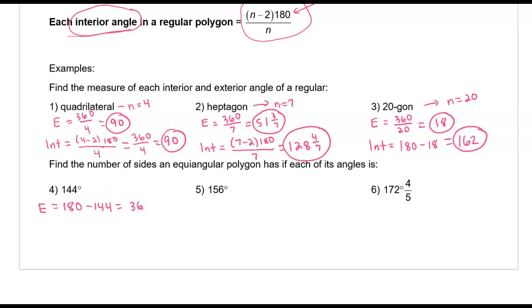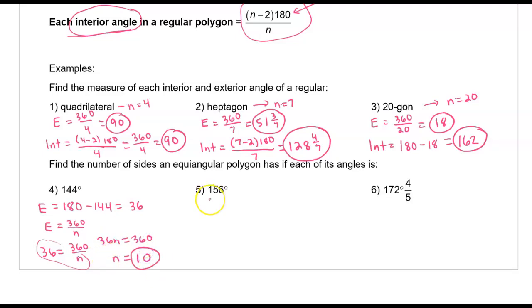The exterior angle is 36. So remember the formula, the exterior angle equals 360 divided by the number of sides. I can put 36 in place of e and then solve this equation. You can cross multiply here. 36n equals 360. So n equals 10.